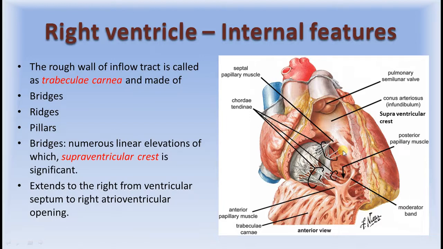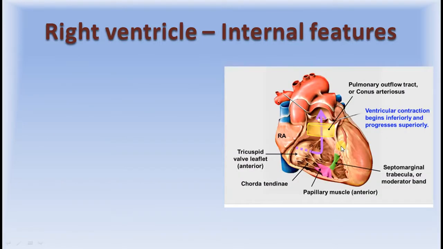I told you papillary muscles are 2, or sometimes you see 3: anterior, posterior, and also a septal papillary muscle. So first we have seen the ridges, of which the special mention is the supraventricular crest.